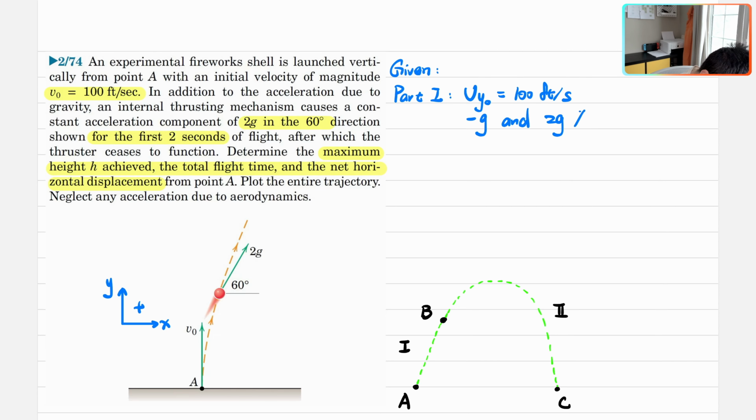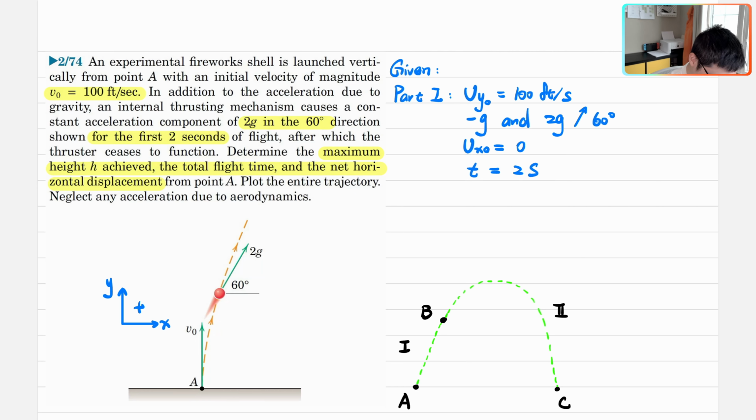I'm just using a rough direction here, 60 degrees, in the direction shown here. These two, the negative g and 2g, are the accelerations in effect in our case. Our horizontal velocity starts at 0, and the duration for the first part is 2 seconds.